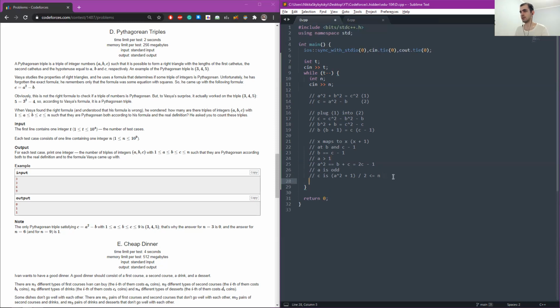The alternative way to express this condition is that a squared is at most 2n plus 1. So a is at most the square root of this number. And then you count odds from 3 to this square root, right?